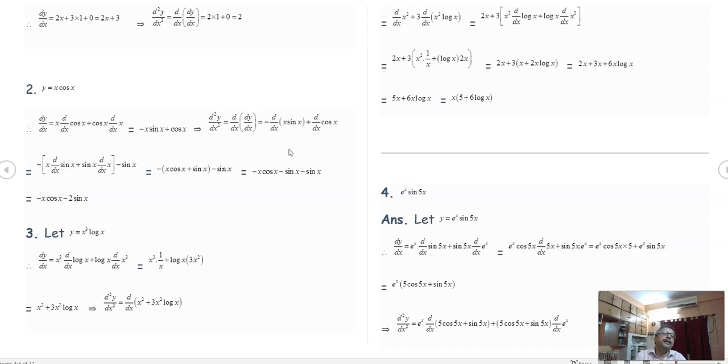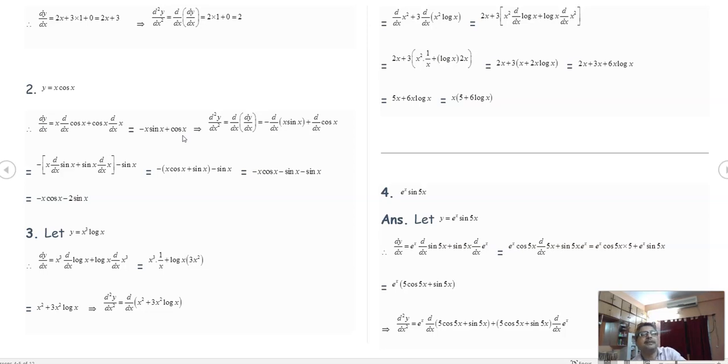If you apply it to y equal to x cos x, the first order derivative gives us x into d/dx of cos x plus cos x into d/dx of x. The derivative of cos x, all of you know, is minus sin x, so it is minus x sin x plus the derivative of x is 1, so cos x into 1. Now the first order derivative is done.